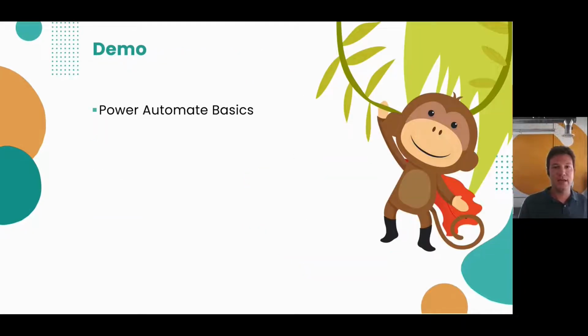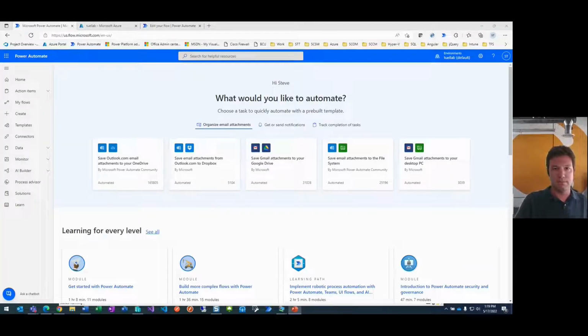Go ahead and take a look at what that looks like. All right, so I'm here in Power Automate. So right, cloud-based, Microsoft 365, no servers, you don't have to host anything locally.